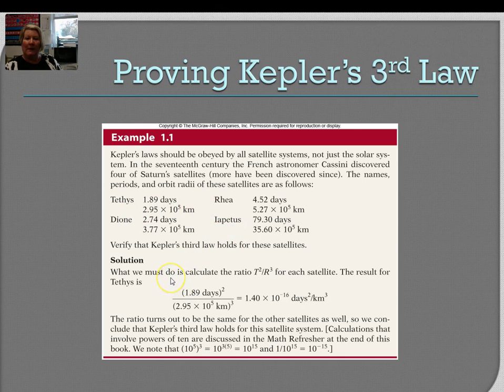And if you calculate the period squared, and this is for Tethys here, 1.89 days squared divided by the average radius, 2.95 times 10 to the 5th kilometers cubed, you get this value right here: 1.4 times 10 to the negative 16 days squared per kilometer cubed. And that ratio is the same for all other satellites. So we can say that Kepler's third law, in fact, holds for these satellite systems.